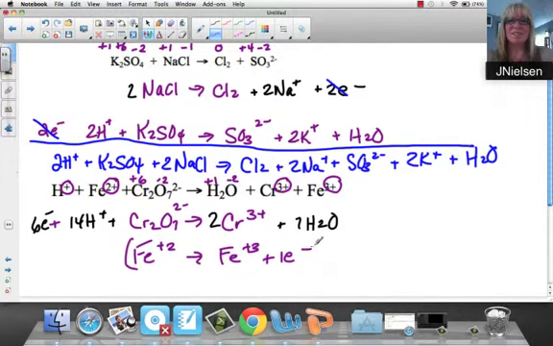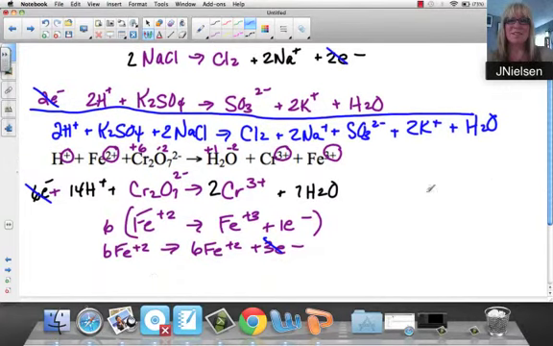I'm going to have to multiply this reaction by 6 to give me 6 Fe plus 2 going to 6 Fe plus 3 electrons. And then when I cancel, these cancel, nothing else cancels. So I have to bring down what's left.